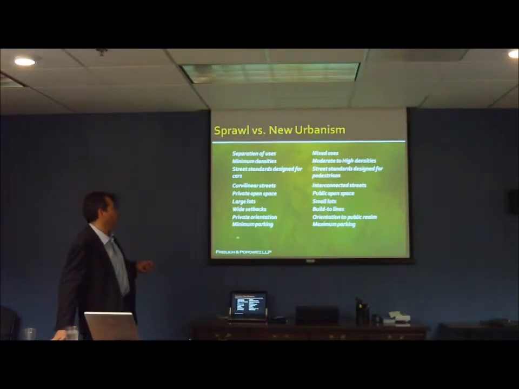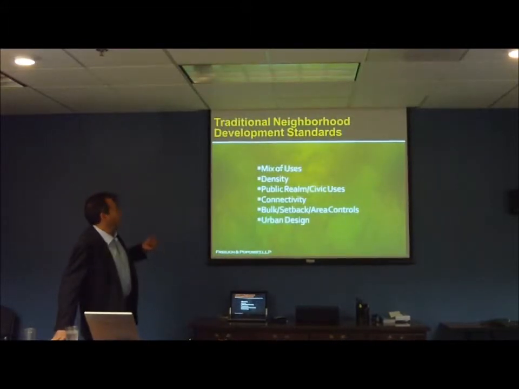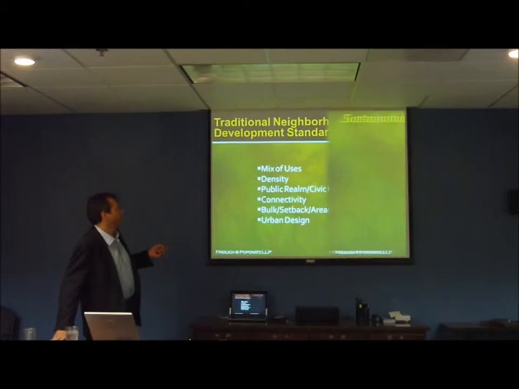And again, sprawl is about minimum parking, and then maximum parking under new urbanism, because we want your car parked. We don't want you to have to use it. That's why we're creating public options, pedestrian options, bicycle options. So, traditional neighborhoods: mixed uses, density, public realm, civic uses, connectivity, setbacks and area controls, and urban design.